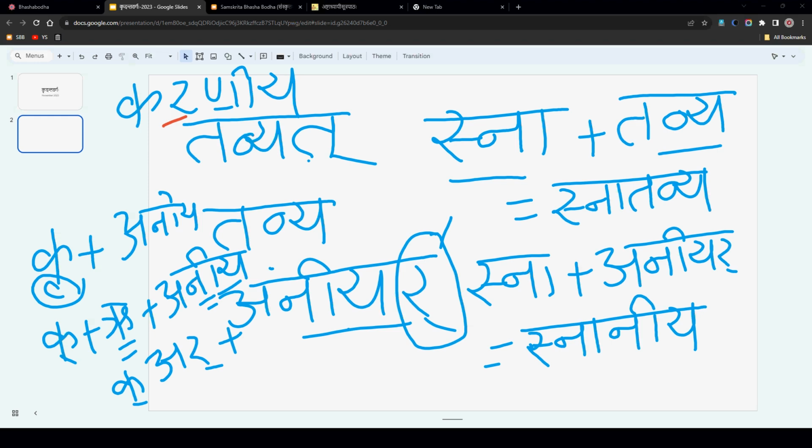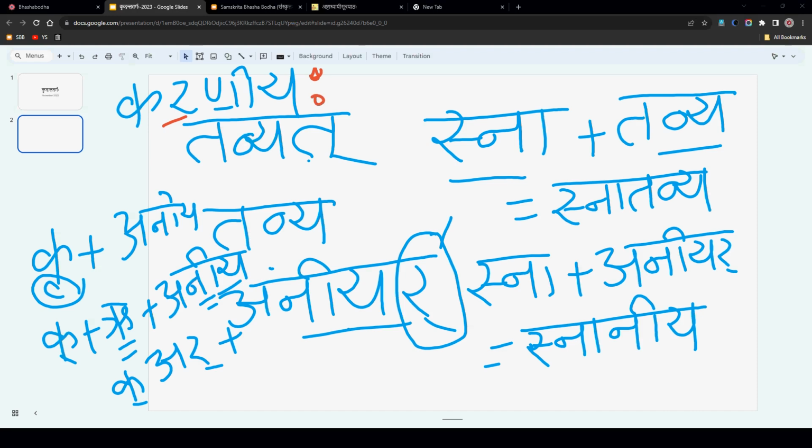And what is the lingam of this new pratipadikam? Depends. Now, if we want to use it in pullinga, we can directly add the su pratyaya, karaniya plus su, that becomes karaniyah. Karaniya means something that needs to be done, which is in pullinga. Then if you want to use it in a strilinga, then you add the a there, akaranta, it becomes karaniya.